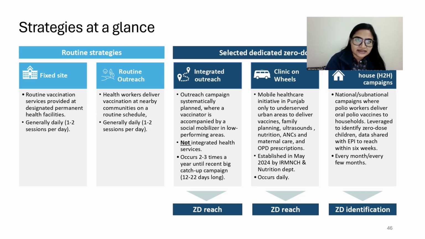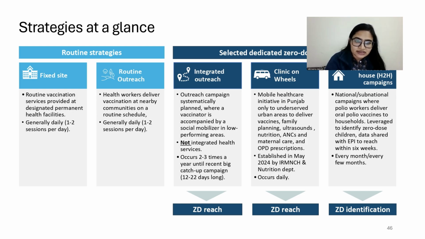These are the designated permanent sites at the primary healthcare facilities and operate and provide the services on a daily basis. Along with the fixed sites, the routine outreach is conducted through the vaccinators who plan routine outreach sessions regularly in the nearby communities around these primary fixed sites.